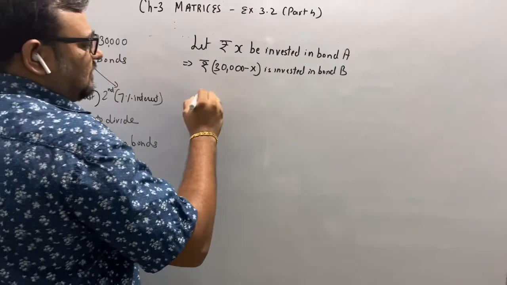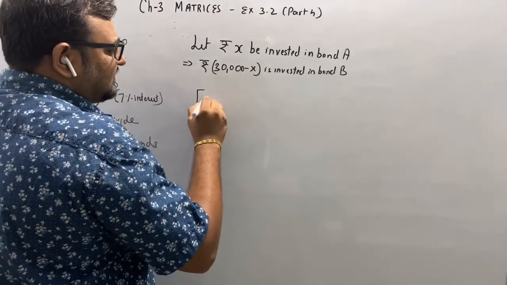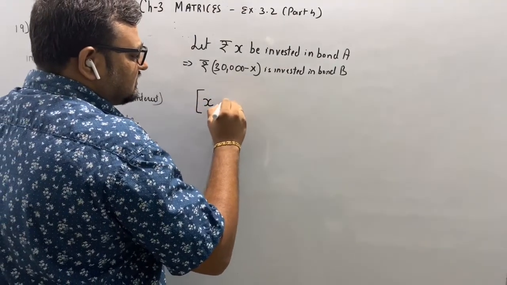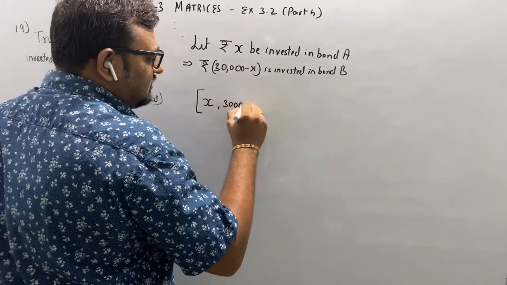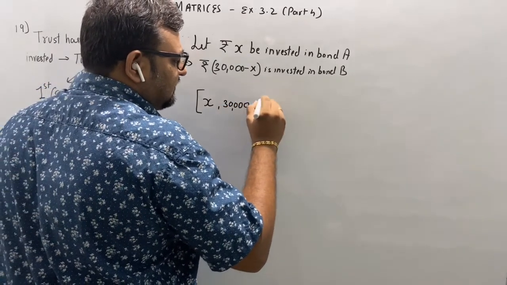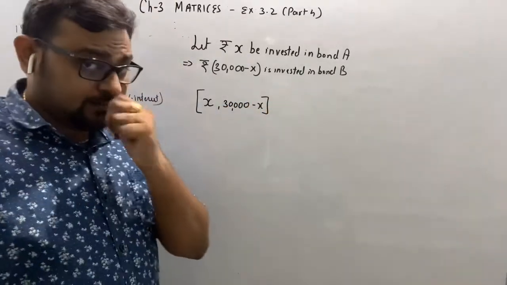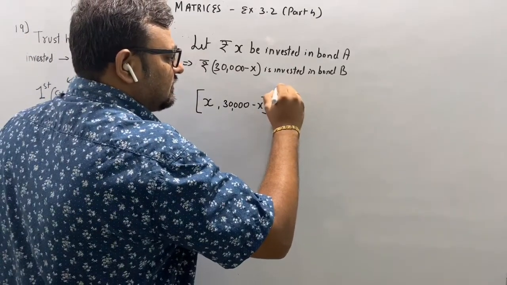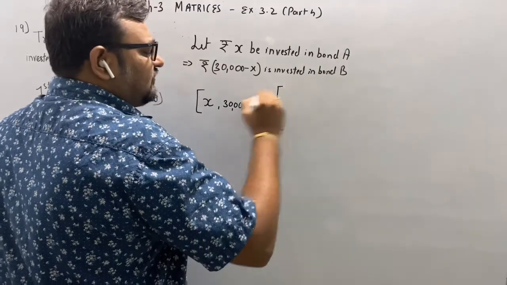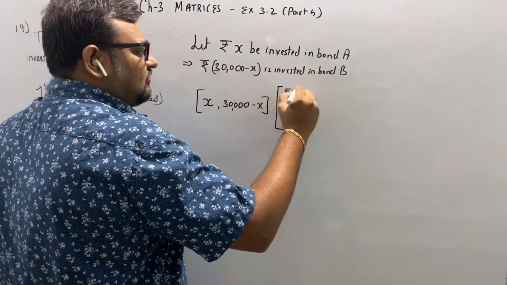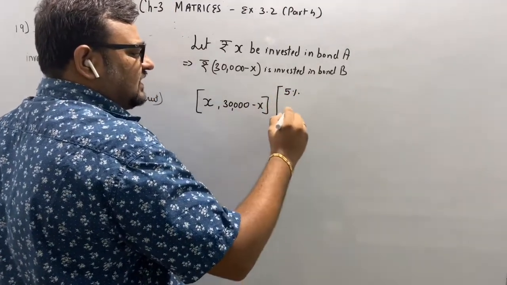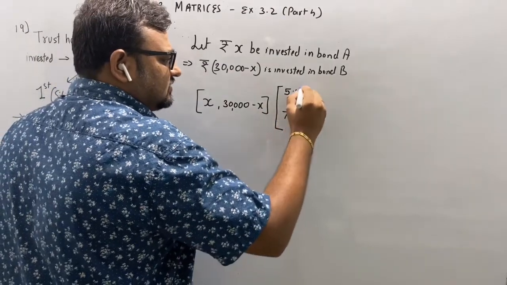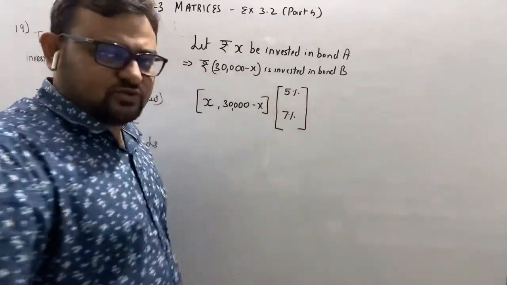So the matrix for rupees is X, 30,000 minus X, multiplied by 5% for the first and 7% for the second.